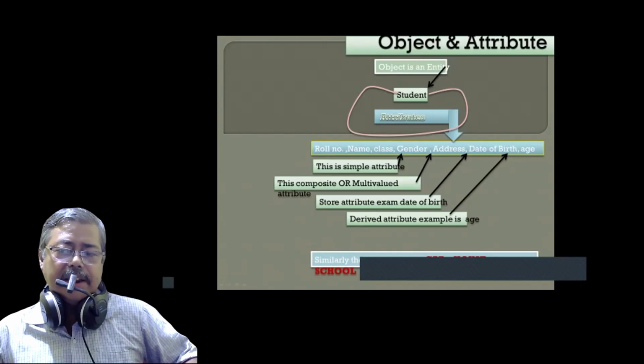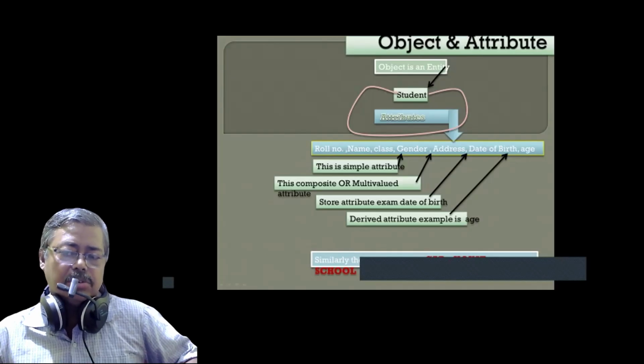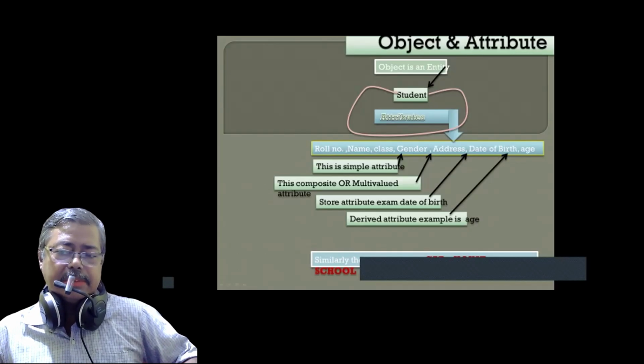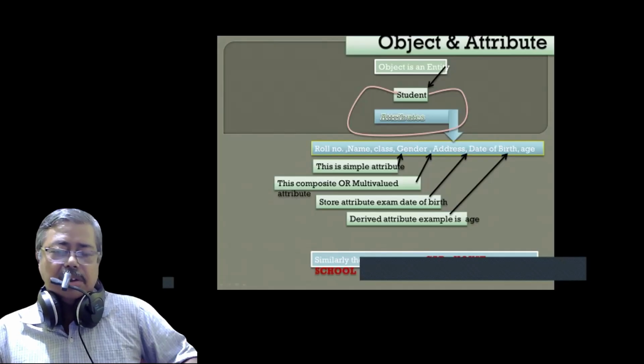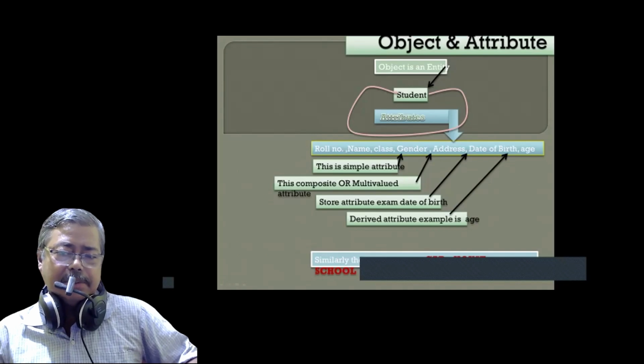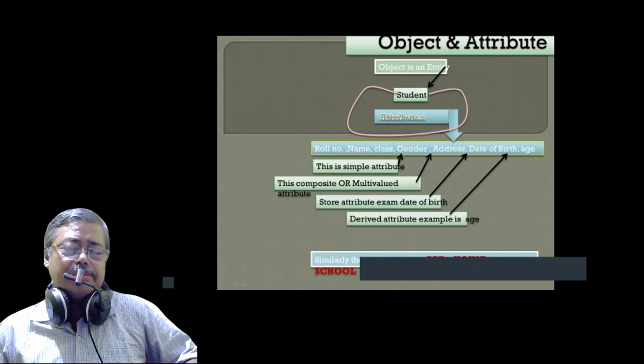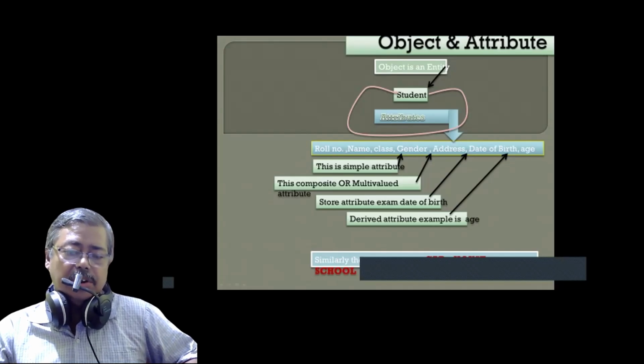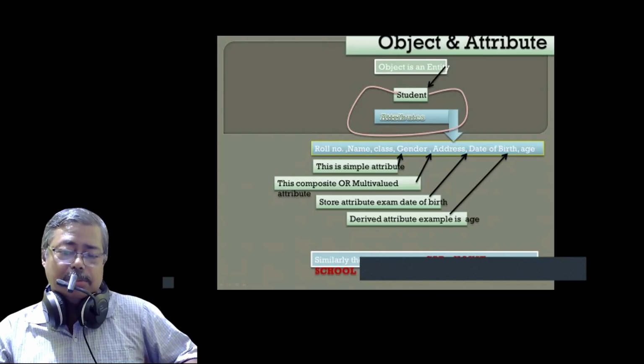Age is a derived attribute, because we get age from the date of birth to the current date. So attributes have different types of definitions, but it is a property of the student, and student means object.